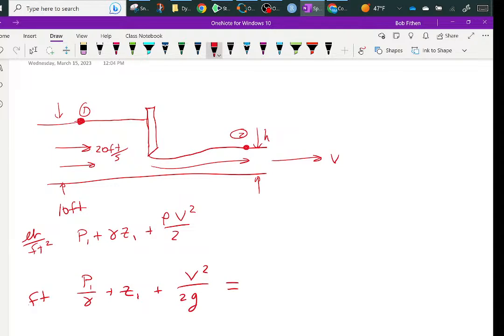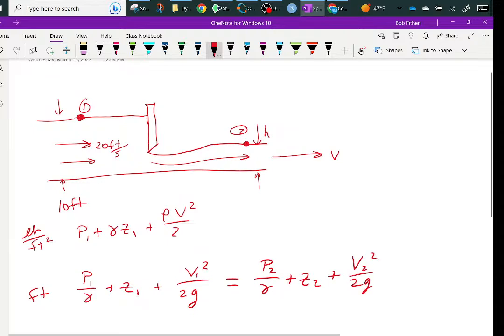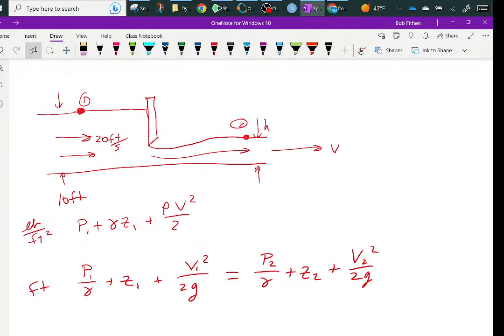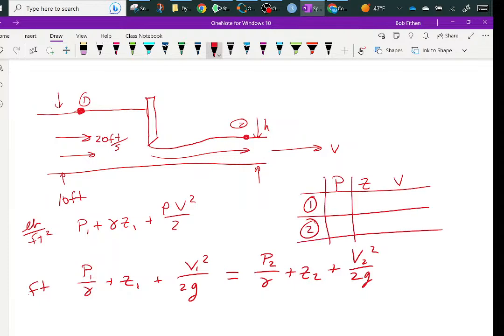We're going to write between 1 and 2. I know this may sound weird, but I like to make the table every single time, even though there are only 2 locations, so I can look at what I know.